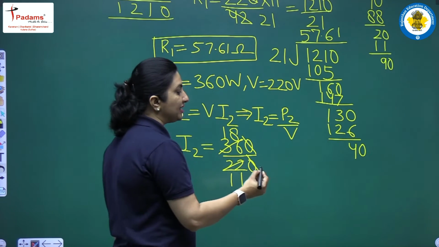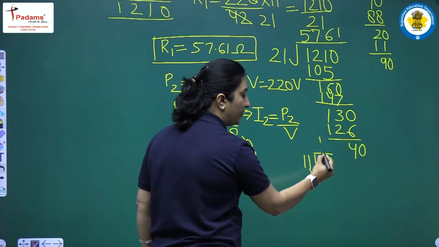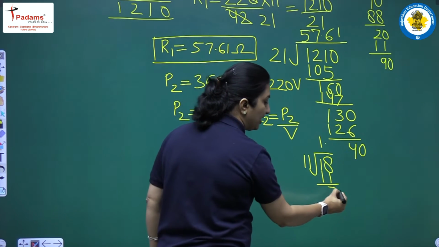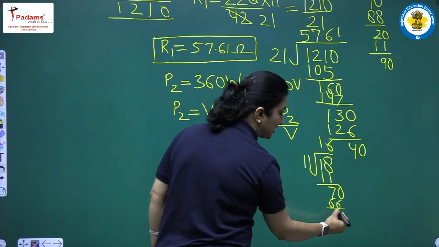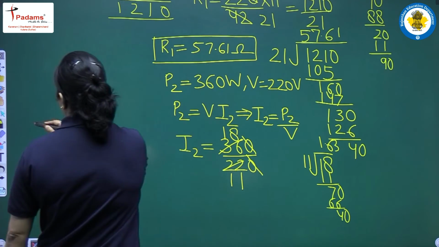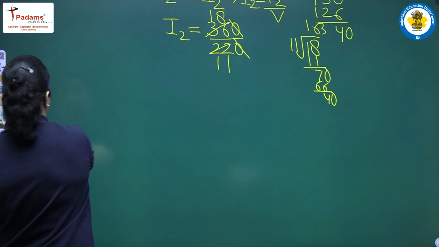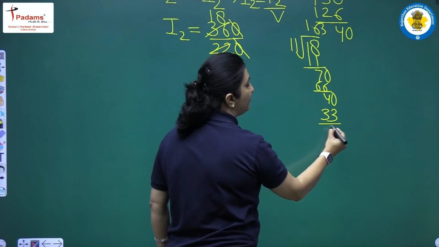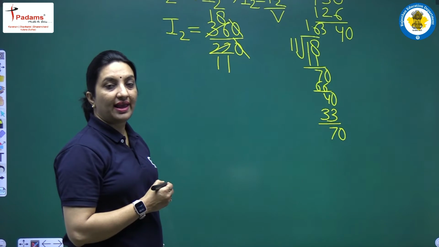So on dividing this, students, if I divide 18 by 11, 11 ones are 11, I am left with a 7. So on putting a decimal over here, I will have a 70. So 11 6s are 66, I am left with a 40. So 11 3s are 33, then I will be left with 70, so that will come out to be a 6 again.